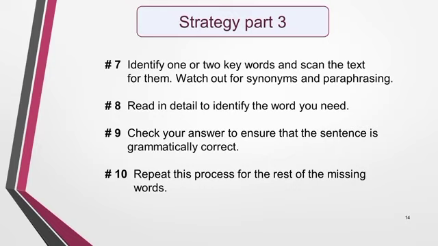When you've found the part of the text with the answer in, read it in detail to identify the word you need, either in the text itself or from the word list. Don't forget to check your answers to ensure that the sentence is grammatically correct. Repeat this process for the rest of the missing words.